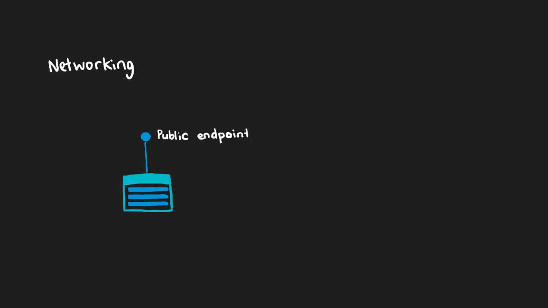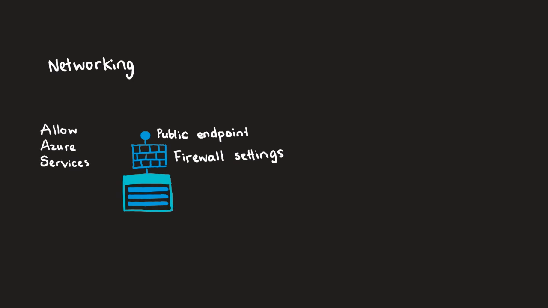So the most simple way to do this is that there's a firewall capability that you can use within the storage. And you can configure these firewall settings so that they fit into your scenario. And the functionalities that you have here is that you can allow Azure services to access your data lake.